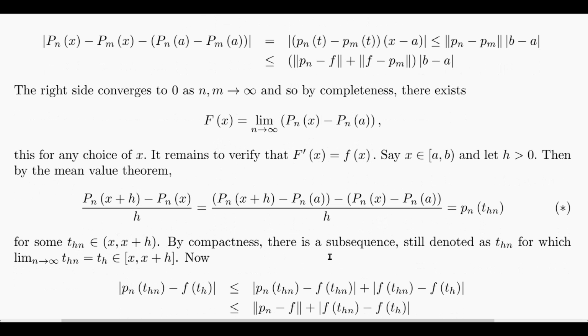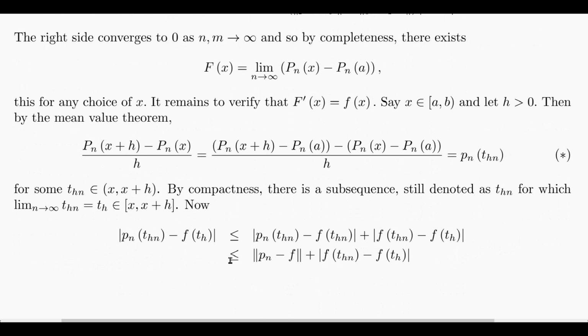By compactness, there's a subsequence, and I'm going to denote it as t sub hn, where n goes to infinity, and the limit of this is going to be some number t sub h in the closed interval. I don't know if it will be in the open interval, but it will be in the closed interval.